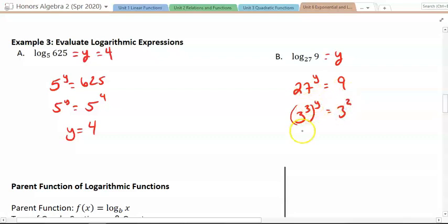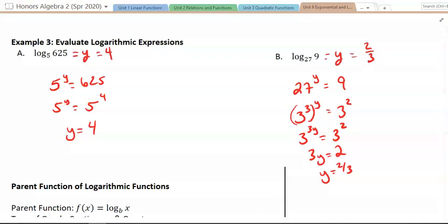Now this is power to power, so I'll have 3 to the 3y is equal to 3 squared. So the bases are now the same, so I can set the exponents equal to each other. So 3y is equal to 2, meaning that y is equal to 2/3. Meaning that log base 27 of 9 is equal to 2/3 itself. Okay, so again, if you convert these from log to exponential and then deal with our exponential powers, the answers come out pretty quickly with these.